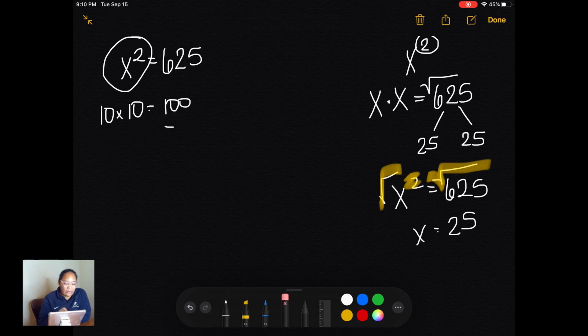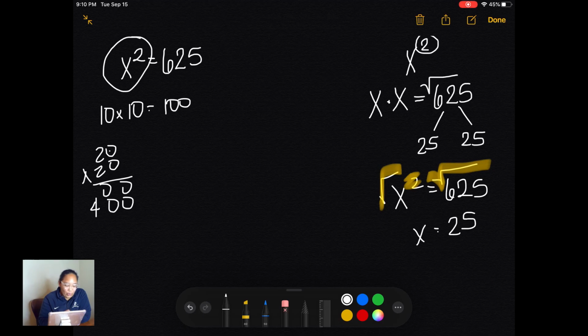So I have 10 times 10. Well, what about 20 times 20? If I work this out, I have 0, 0, then my placeholder 0, then another 0, and then this one.